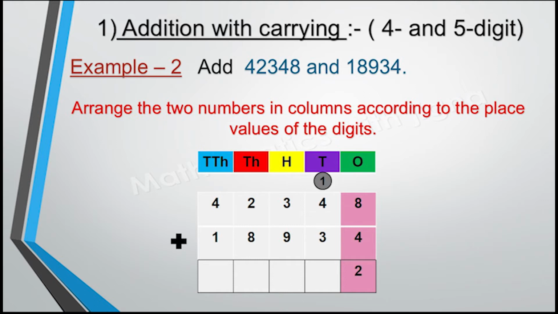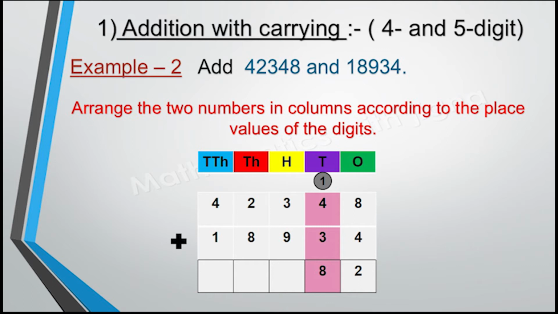So carry over 1 to the tens column and write 2 at the ones place. Now add the tens, 4 tens and 3 tens, which is equal to 7, and add 1 carried over 10 also. So now it is equal to 8. So write 8 at the tens place.